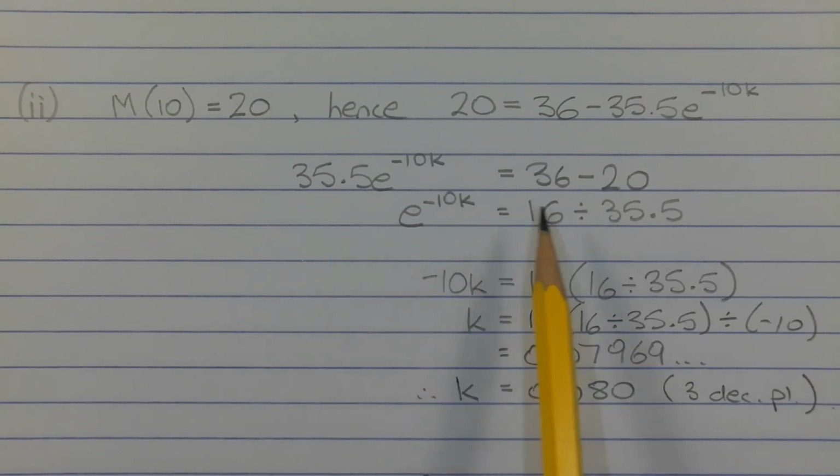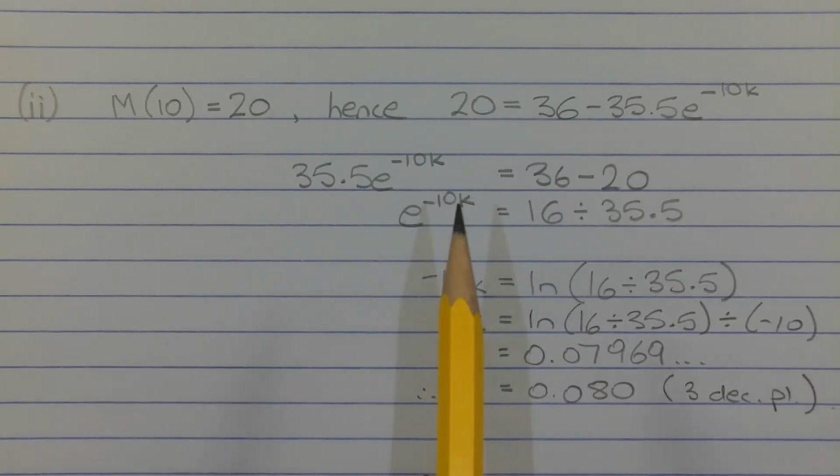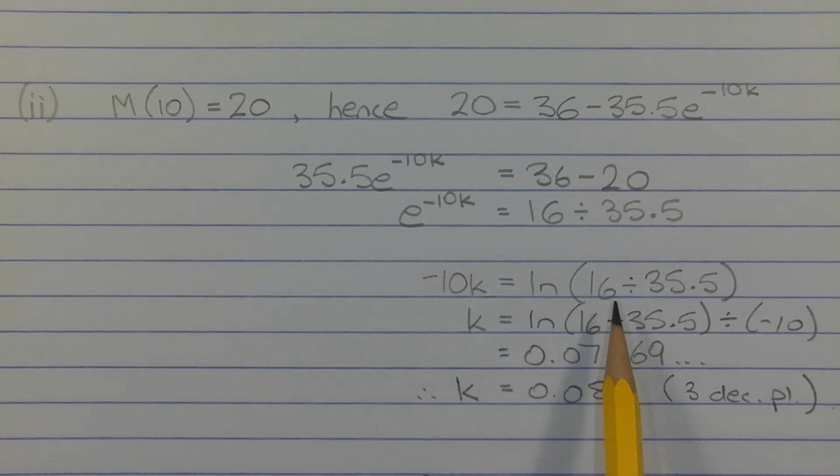Now taking the natural logarithm of both sides, we get negative 10k is equal to ln of 16 divided by 35.5. Then dividing both sides of the equation by negative 10, we get k is equal to ln of (16 divided by 35.5), divided by negative 10. And that equals 0.07969 and so on, which rounds to approximately 0.080 correct to 3 decimal places.